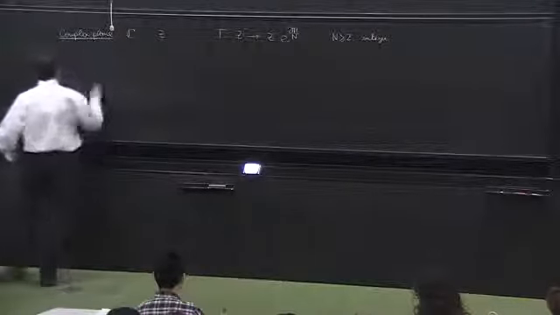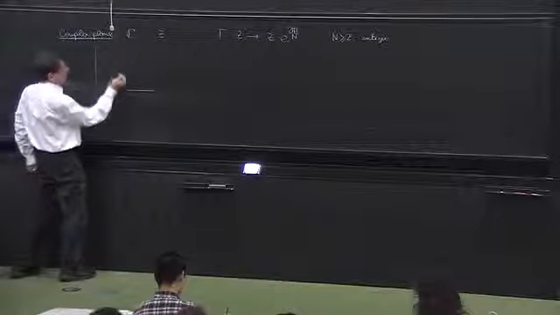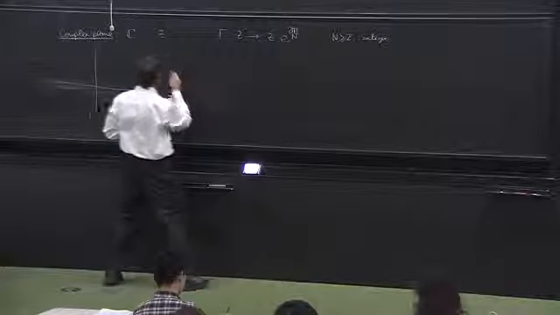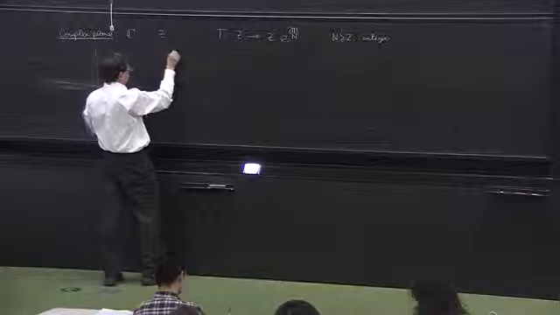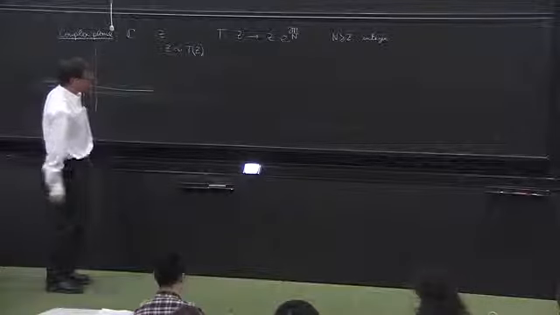So here we have a whole complex plane, and we're supposed to identify things after a transformation T. So basically you say Z should be identified with T acting on Z.